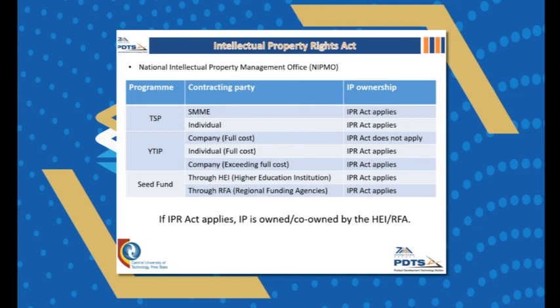Now, the exception to this rule is patents. If you have an idea and you would like to patent it with no consideration to commercialization or no need for commercialization, you would like to own the IP.